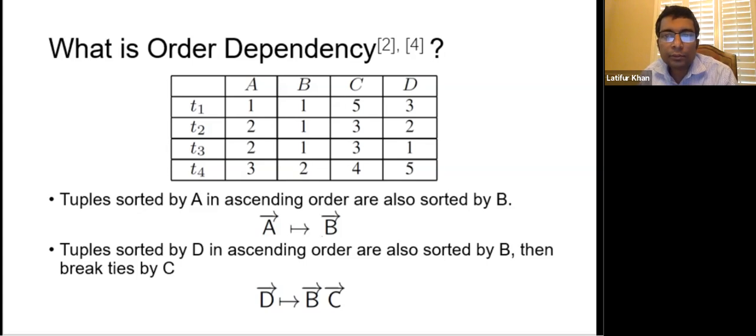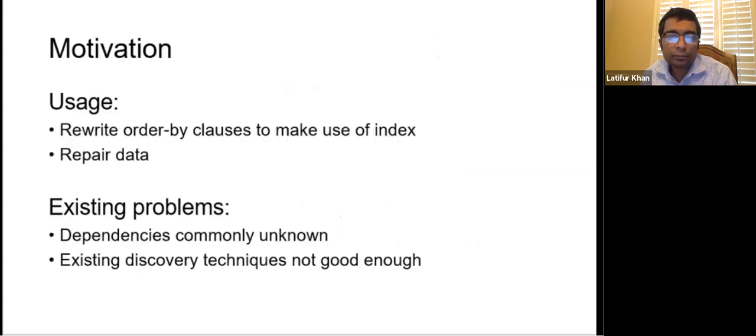This lexicographical order specification models order by clauses in SQL. Actually, OD is very useful in practice. An order by clause on an attribute without index can be converted to order by another attribute with index when they form an OD. Another usage of OD is to repair data.